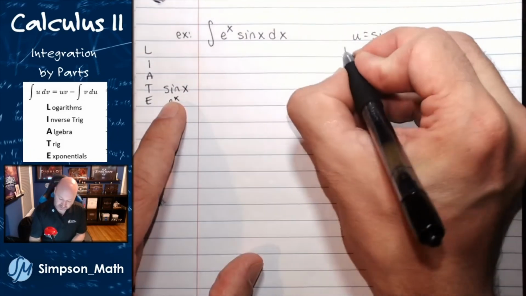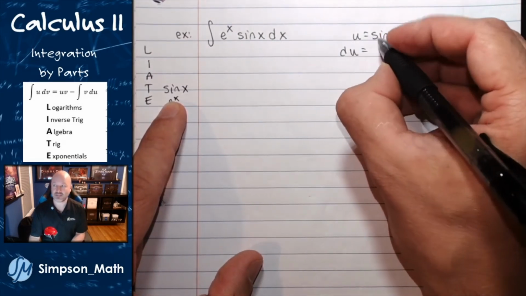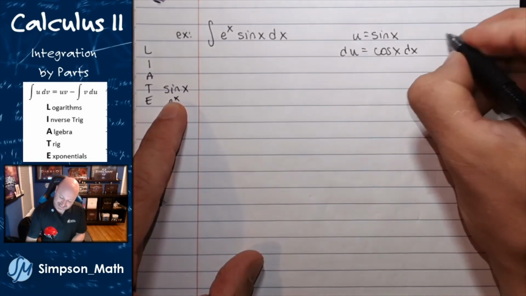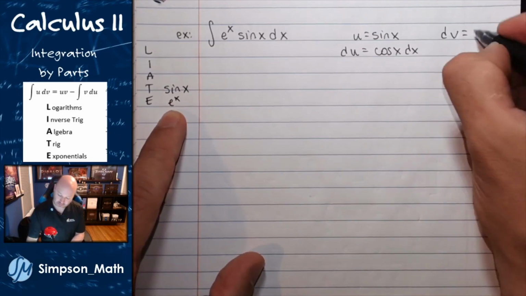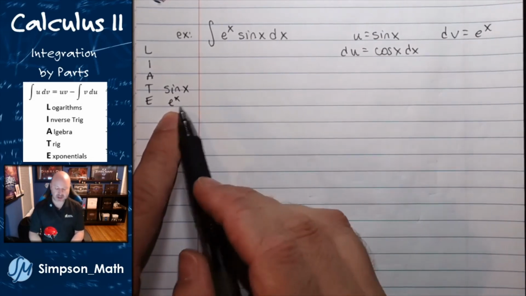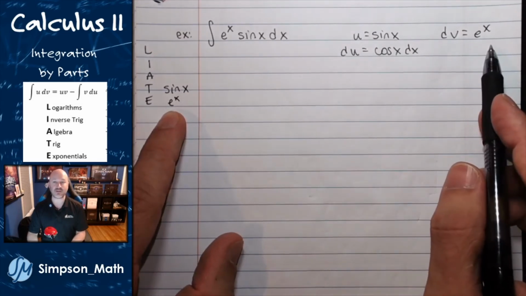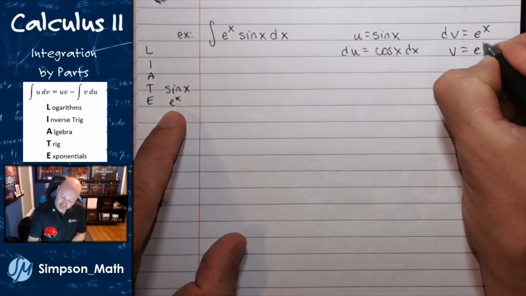While I'm on u, I might as well find du. The derivative of sine is a positive cosine. dv is the next thing on the list, e to the x. Seems to be a common practice. Let dv be the exponential because they're easy to integrate. v is simply e to the x.